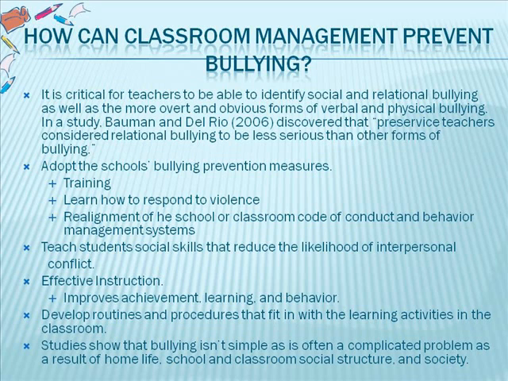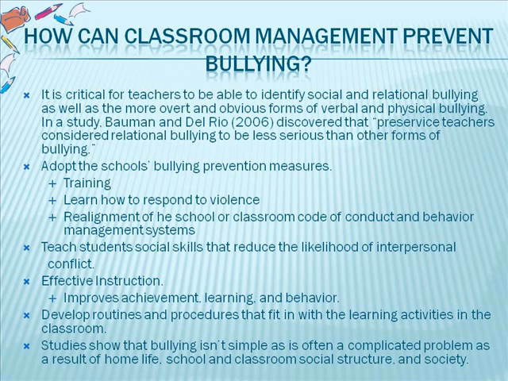In a study, it was found that pre-service teachers, which are teachers that have not quite started their teaching career, considered relational bullying to be less serious than other forms of bullying. Oftentimes, physical bullying is more obvious to the teacher, but it's important for he or she to recognize all forms because it can all be damaging to his or her students.